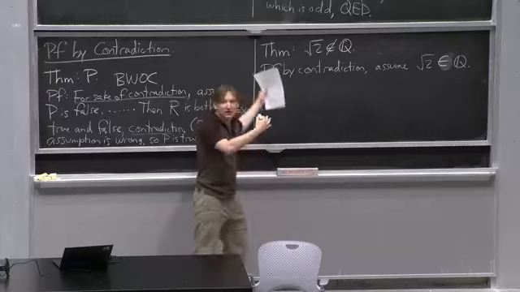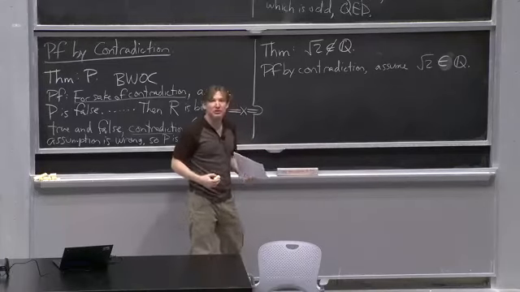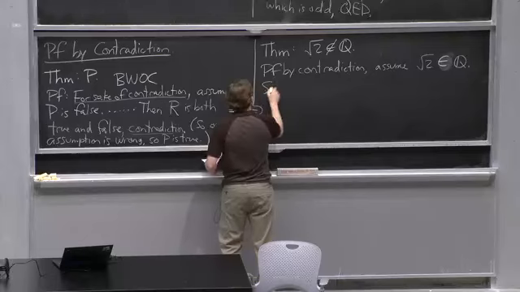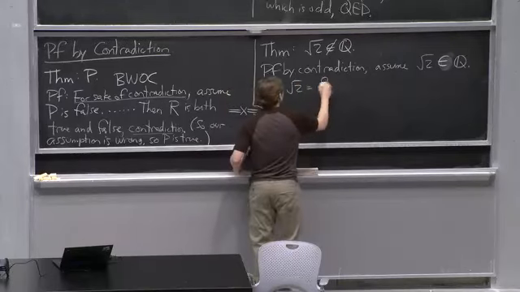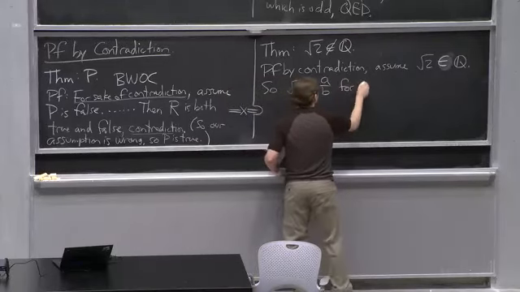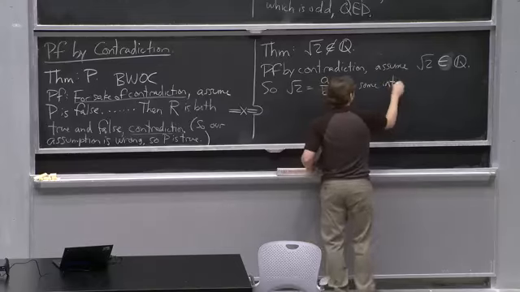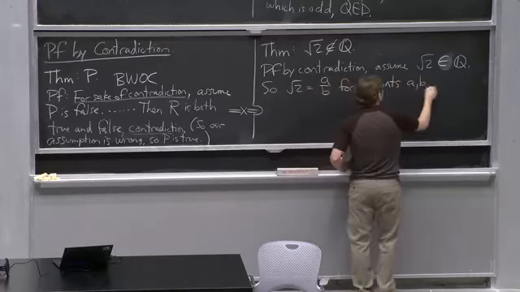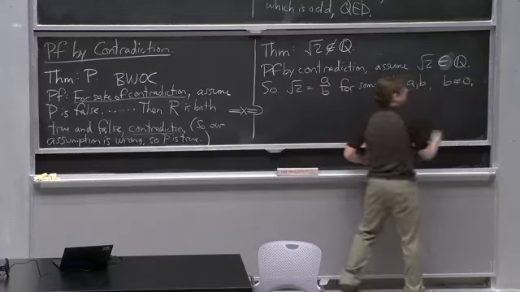OK, and now let's keep going. What does it mean for square root of 2 to be a rational number? Square root of 2 equals a over b for some integers a and b, where b does not equal 0.